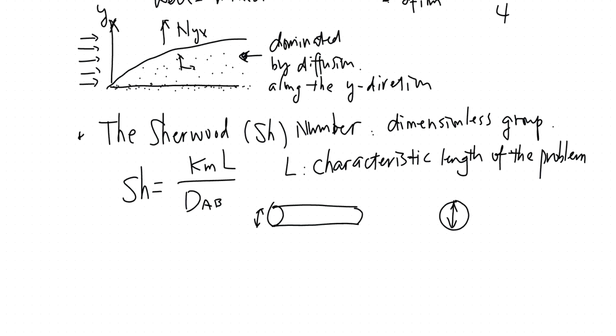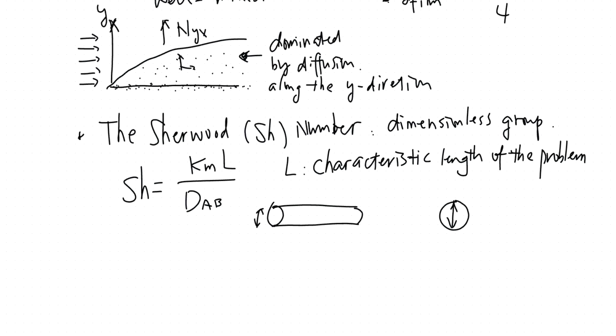The meaning of it is, whenever you are given a dimensionless group like the Reynolds number, and now here we have the Sherwood number, you always look at what is in the numerator and what is in the denominator. In the numerator, you have the mass transfer coefficient, which has units of velocity.